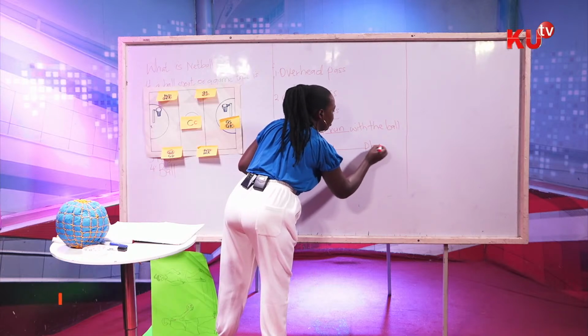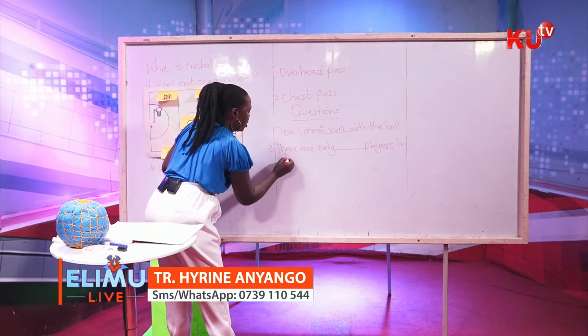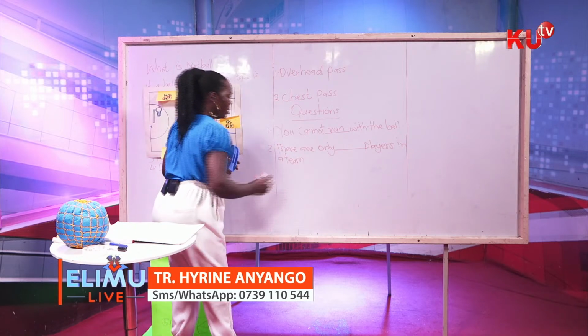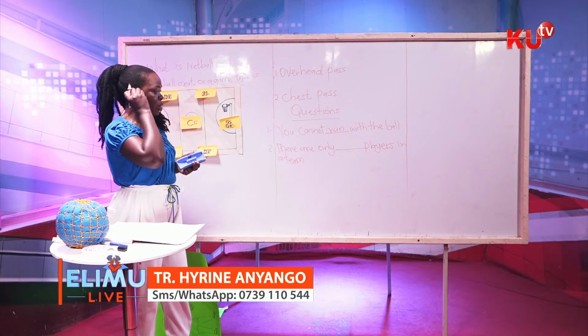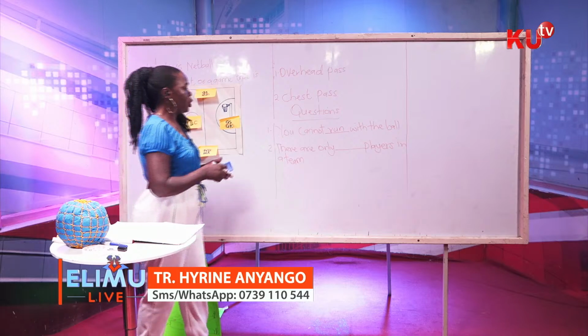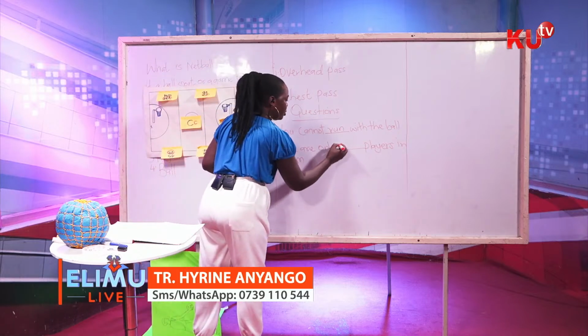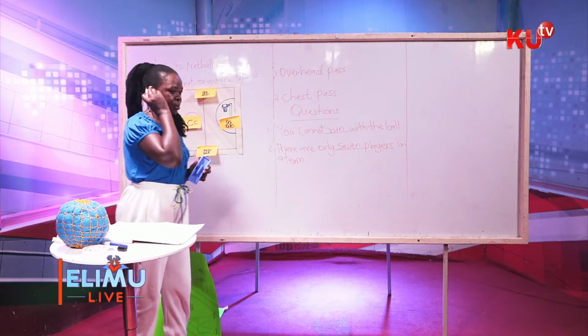There are only dash players in a team. So we said that for us to play netball, we need a total of 14 participants. 2 teams, each team will give us 7 players. So there are only 7 players in a team.